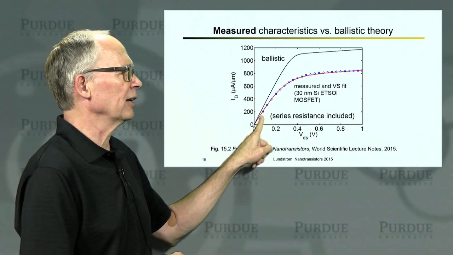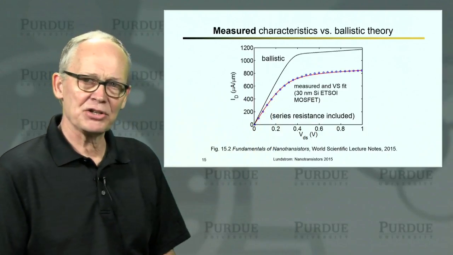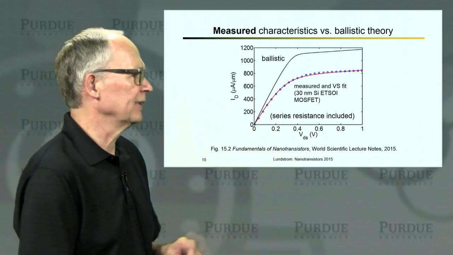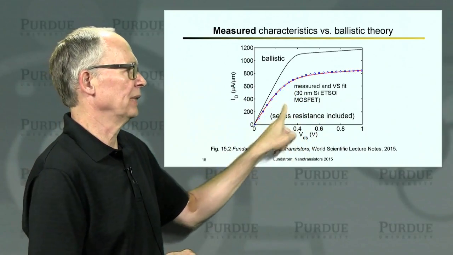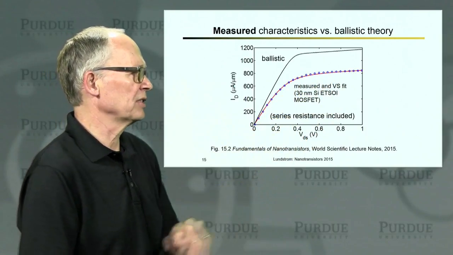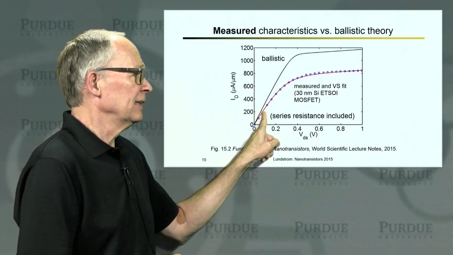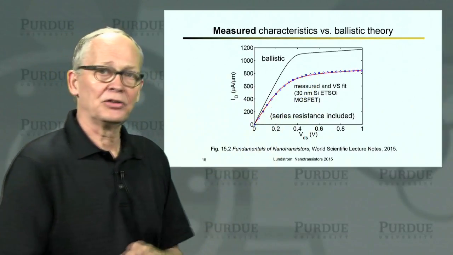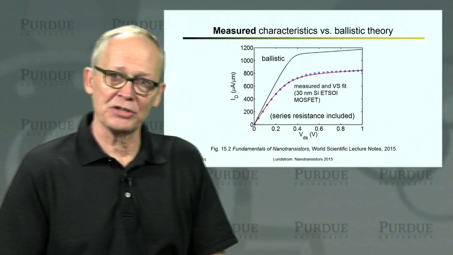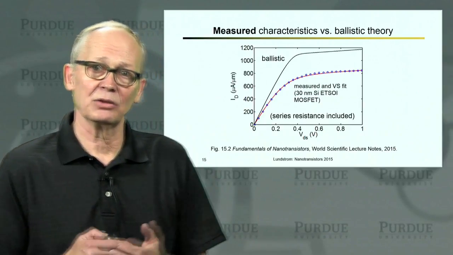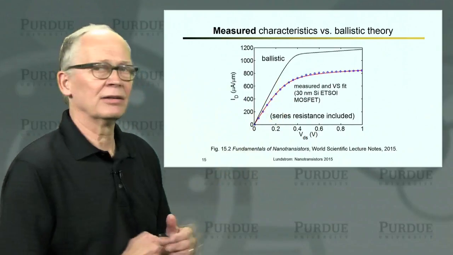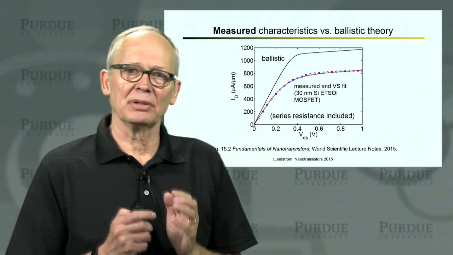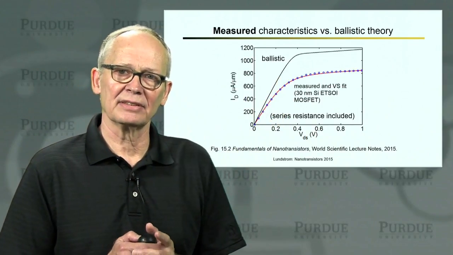Okay, now let's look at the measured IV characteristics of this device. What you're seeing here in the points are the measured IV characteristics of this device. We're at 1 volt on the drain and a half a volt gate voltage, as I recall. The line that you see here is the virtual source fit to those measured results, and you can see the fit is quite good. Now, the black line here is the corresponding ballistic IV characteristic of this device.